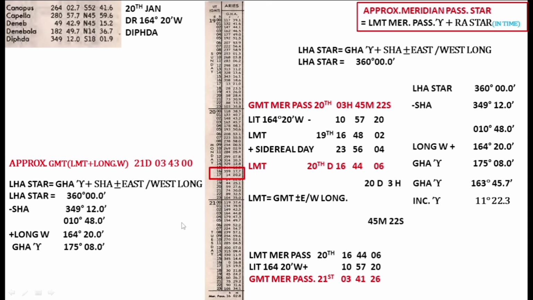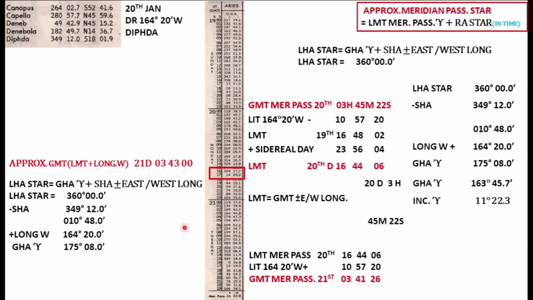It would have crossed east and then come to Greenwich, and then it will cross Greenwich and go to the west Meridian. So it is here between 16 and 1700 hours GMT on the 20th. My longitude is given west. So it has to be after this particular time, not before, because the body would have already crossed east, but it has still got to go to west at 60, between 16 and 1700 hours.